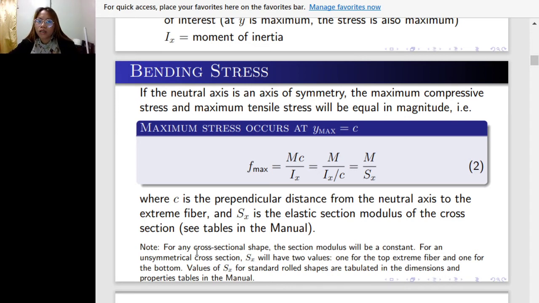As I already said earlier, for a symmetrical cross-sectional shape the section modulus is constant. However, for an unsymmetrical cross-section, you have two values for S sub x.